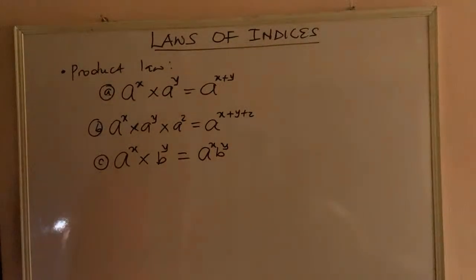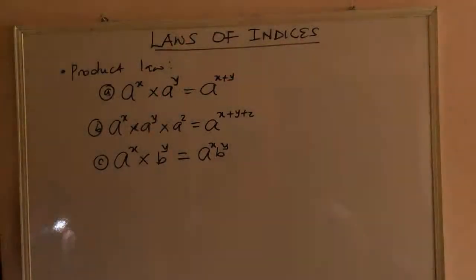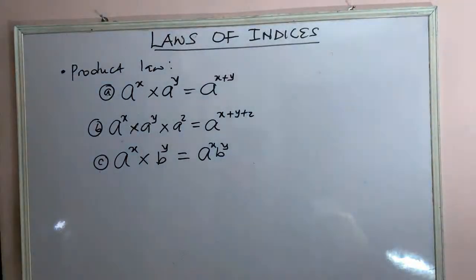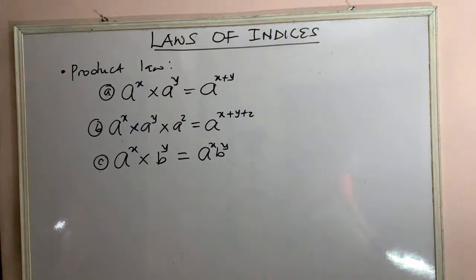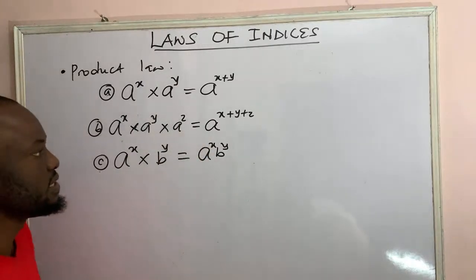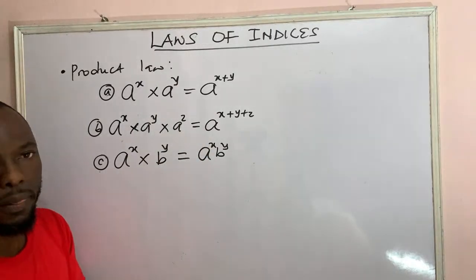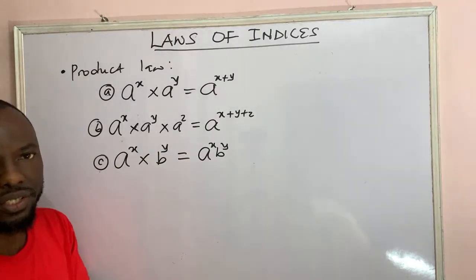So that is just what... excuse me. All right, sorry about that. So you have a to the x and a to the y. So the law is not valid in this situation. All right.